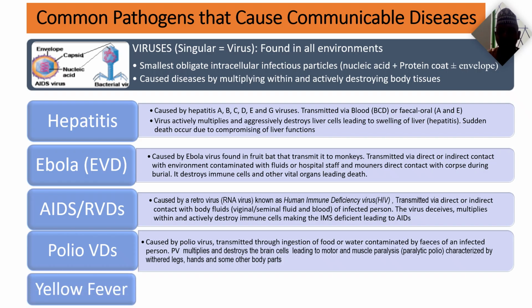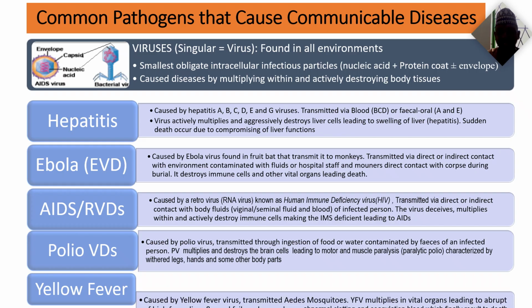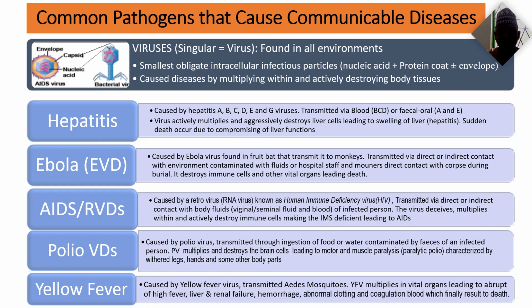Now, the next type of common viral disease in our environment is the yellow fever viral disease. Yellow fever is caused by the yellow fever virus, which is transmitted through mosquito bites, transmitted through the bite of the Aedes mosquito.